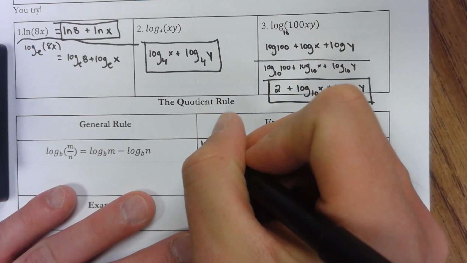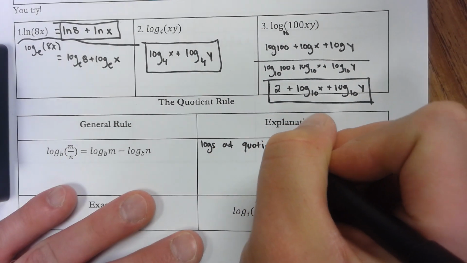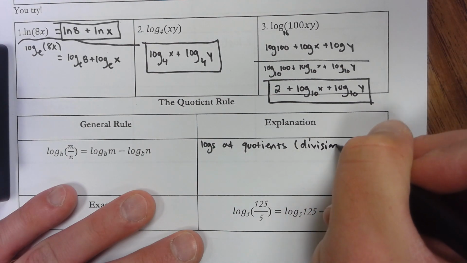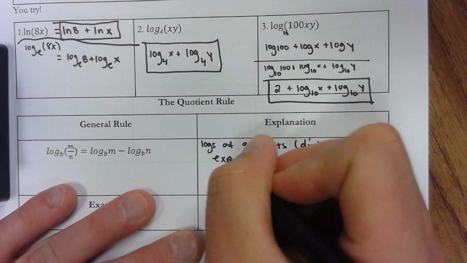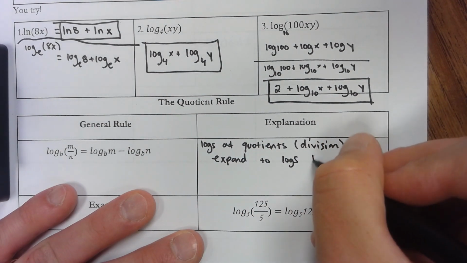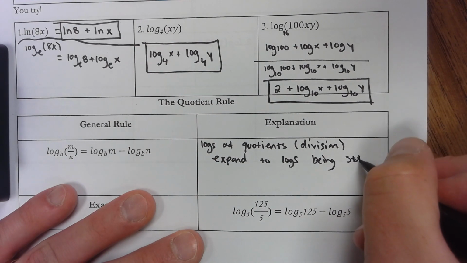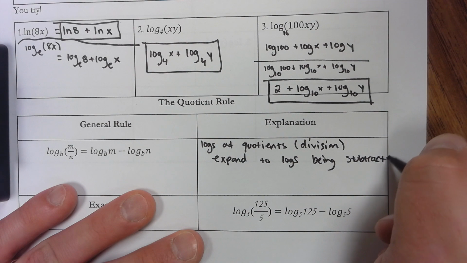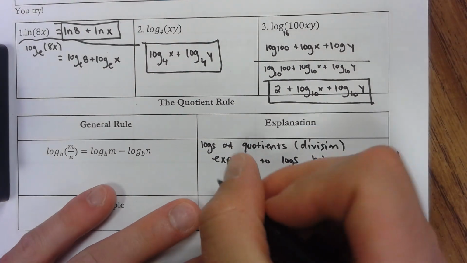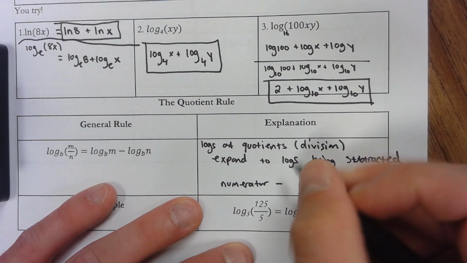Okay, so we're going to say logs of quotients, which are the result of division, they expand to logs being subtracted. Okay, and notice that it's numerator minus denominator.